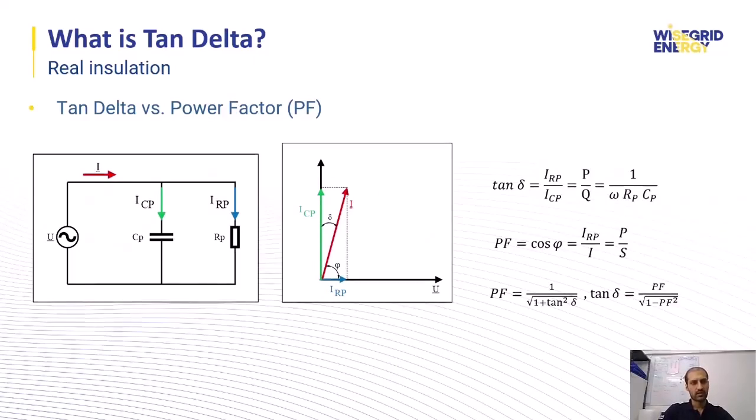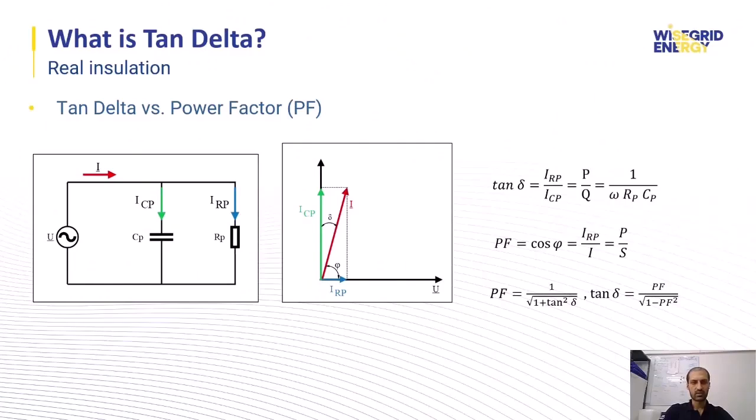So there is another related concept, which is called power factor, as shown in this diagram. In addition to tan delta or the delta angle, we have another angle which is called phi, and it is the complement of the delta angle. I mean 90 degree minus delta is equal to phi. And cosine of this angle is what we refer to as power factor.